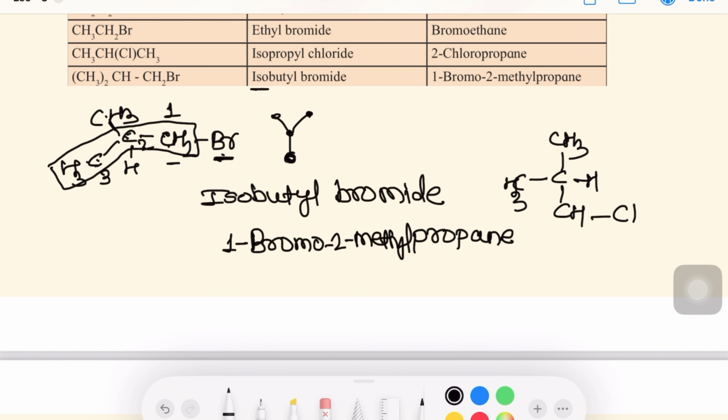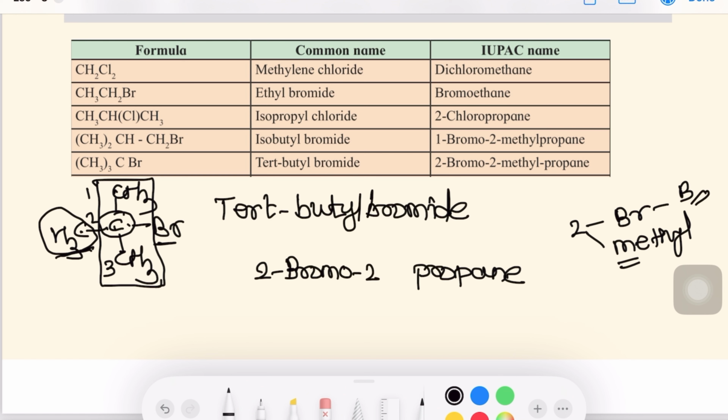So at the number 2 carbon atom there is both bromine and a methyl group. Alphabetically B comes first than M. So the name of this compound is 2-bromo, B should be capital, 2-methylpropane.